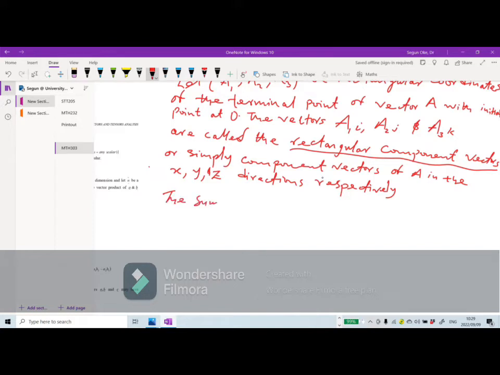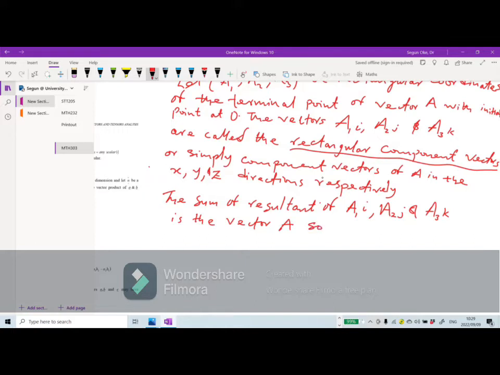The sum of the resultants of A1I, A2J, and A3K is the vector A.